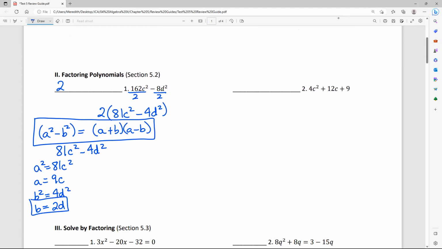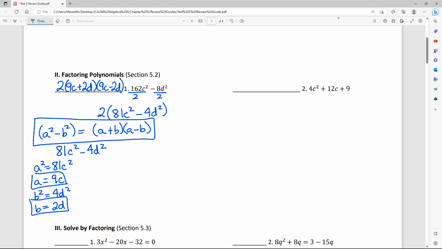So these are what we need to fill in the rest of our two binomials. This is your a plus b and your a minus b. So that means that the rest of it is a, which is 9c, plus b, which is 2d, times 9c minus 2d. And that's it. You're done. Those are the patterns that we know to look for.